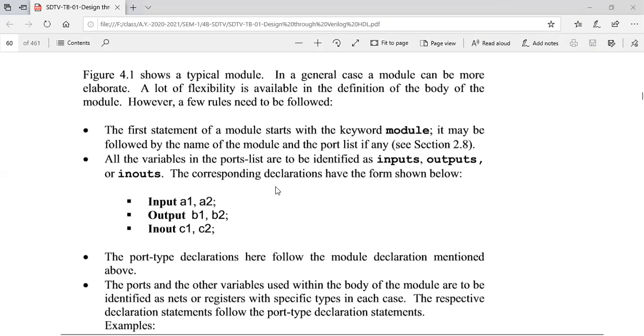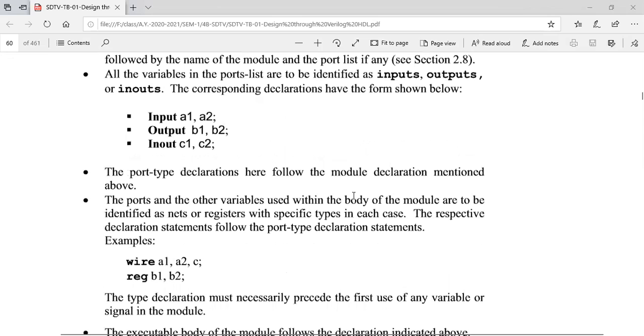Arguments in the sense, first we write in the order of outputs, inouts, and then the inputs, right? So these are the inputs A1 and A2, outputs are B1 and B2, inouts are C1 and C2.